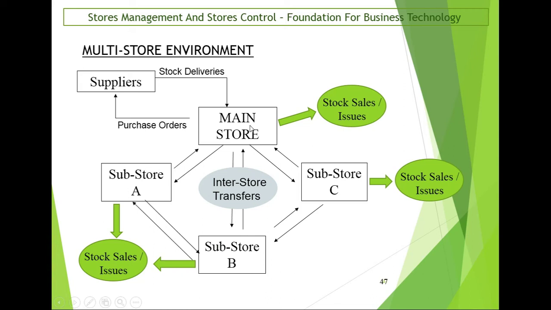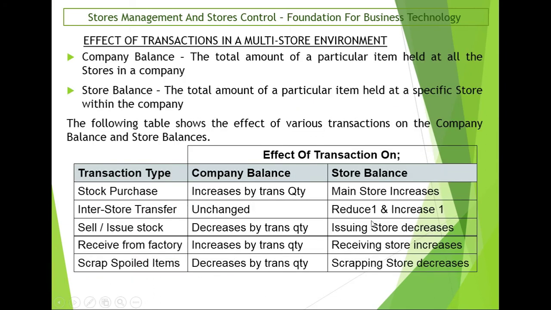Because main store has now increased by 5, it means when you now add main store to sub-store A, B and C, its new balance will make the overall company balance also increase by the same transaction amount.